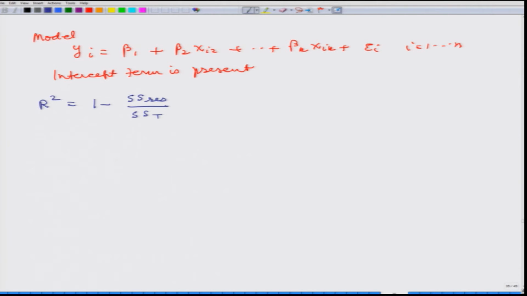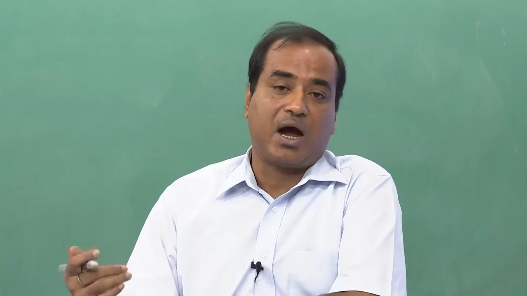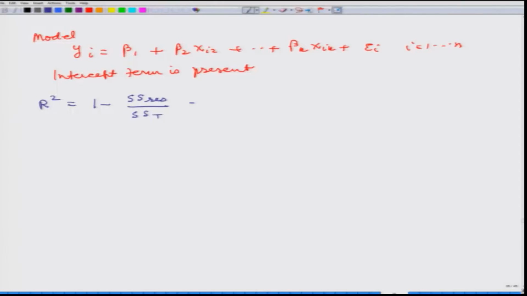Now, let us see the interpretation of this R square. Under what condition would you call a model well fitted? The model is well fitted when the contribution of the random error component in the model is as small as possible, and ideally this should be equal to 0. This can be written as SST minus SSRes divided by SST. You may recall that in analysis of variance, we had proved that SST is equal to SSReg plus SSRes.